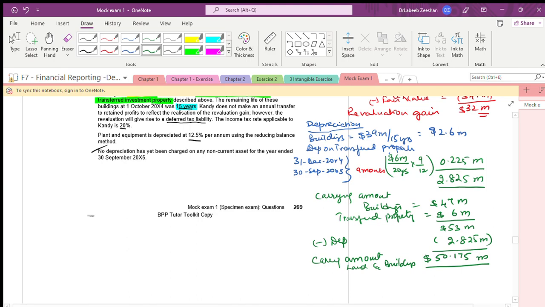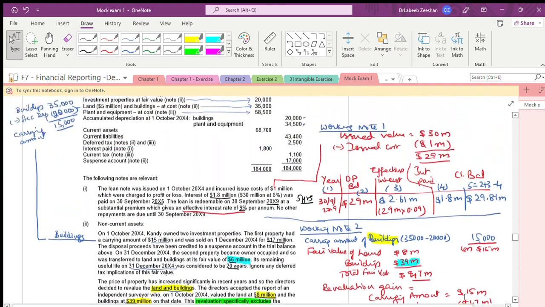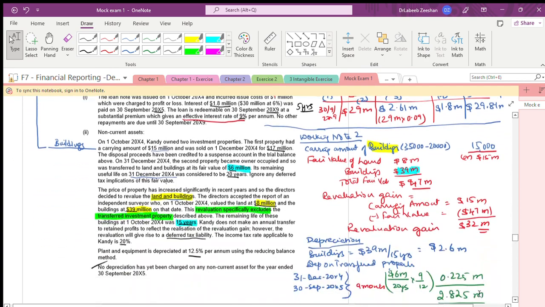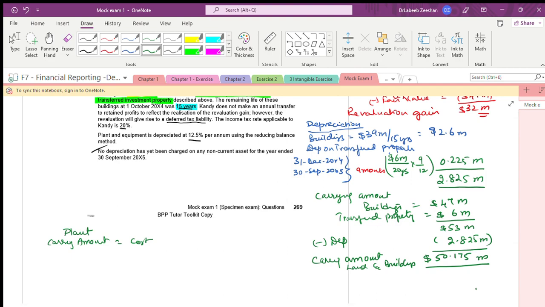Okay, one minute. We will finish the plant also. The plant will not take that much. What is the carrying amount of the plant? The cost of the plant is 58,500.